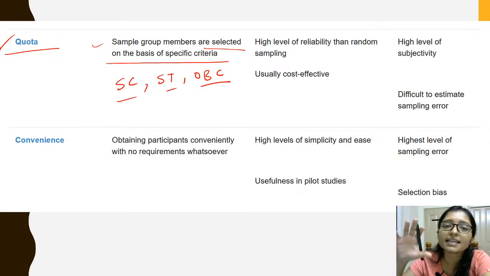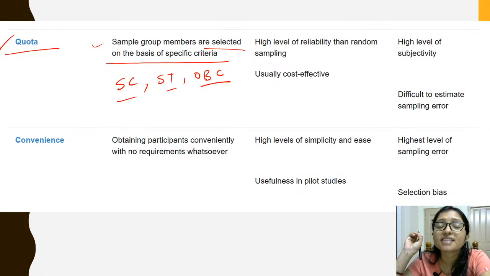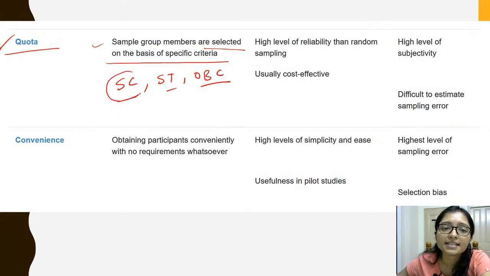So exactly that is quota sampling, means according to some specific criteria you are creating the group. These are the group for the SC, these are the group for the ST, these are the group for the OBC. In that way, when according to some specific criteria you are choosing the group, that is quota sampling, right?